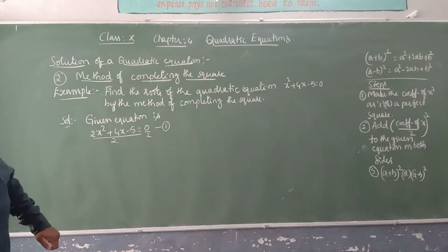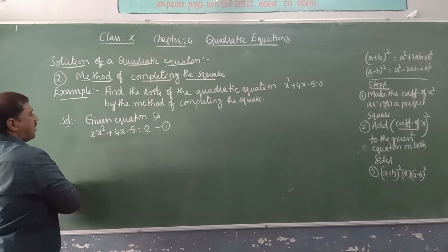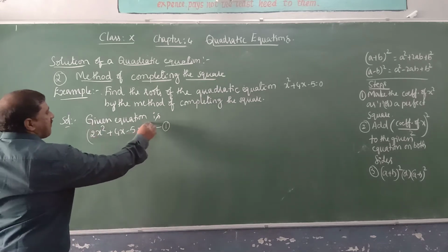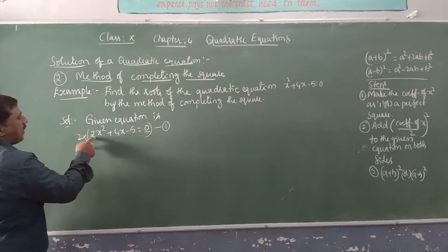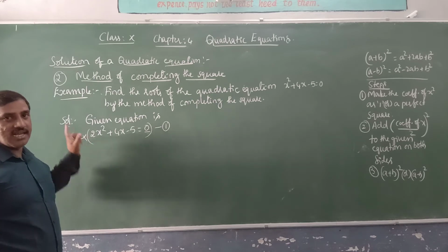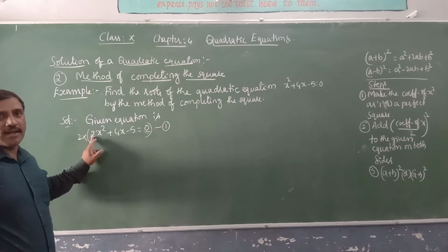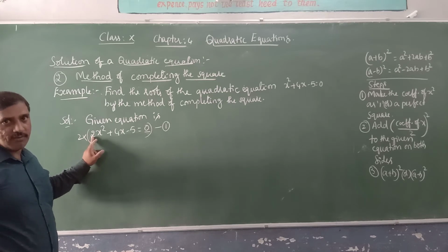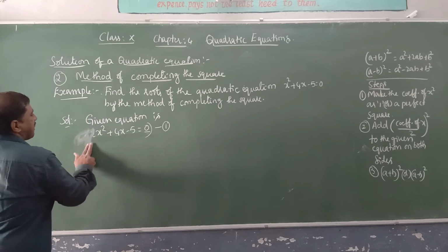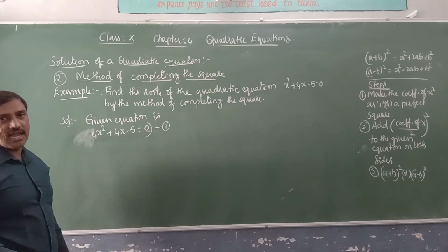Or if you want to make a perfect square of this coefficient of x square, which is 2, then multiply this total equation with 2, then 2 into 2, 4x square. Whatever the coefficient which is given, if you multiply with that coefficient, then the x square coefficient will become a perfect square. If the coefficient is 4x square, 4 is a perfect square.